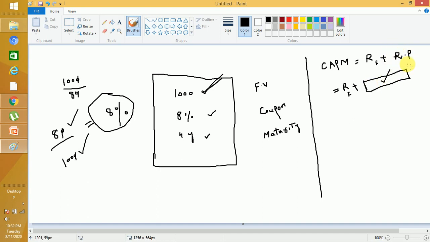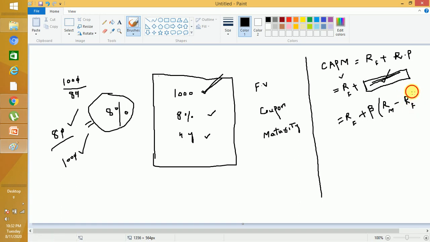One factor is the risk-free rate and the other factor is called the risk premium: RM minus RF into beta. So, RF plus beta into RM minus RF.